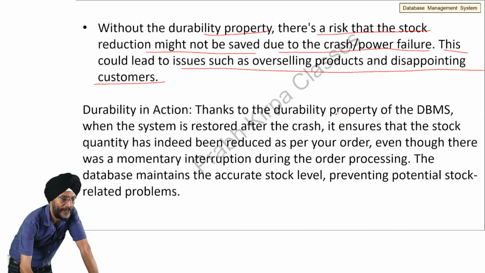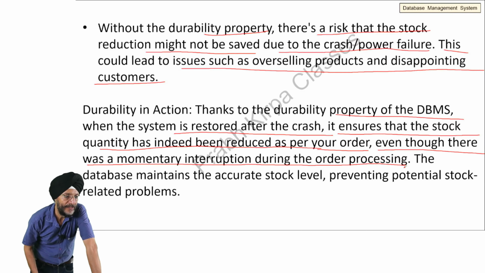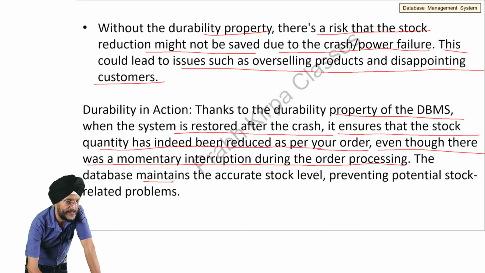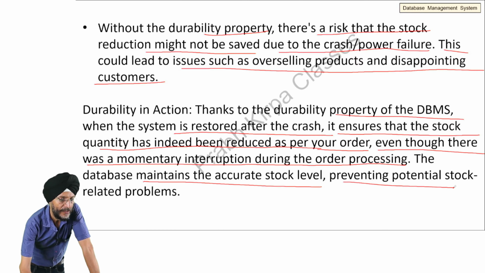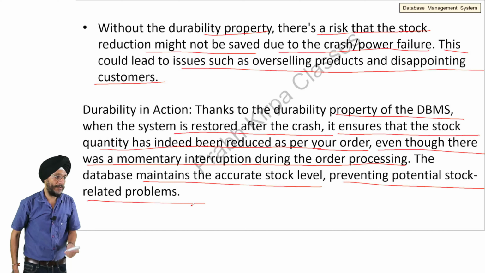Thanks to the durability property of DBMS, when the system is restored after the crash, it ensures that the stock quantity has indeed been reduced as per your order, even though there was a momentary interruption during the order processing. The database maintains the accurate stock level, preventing potential stock related problems.